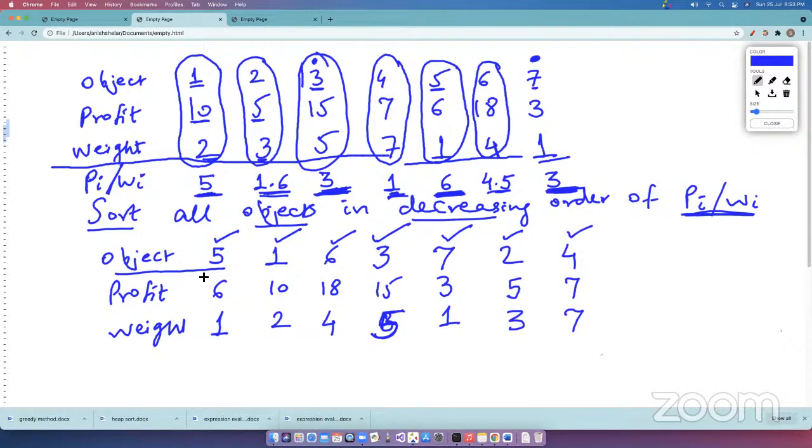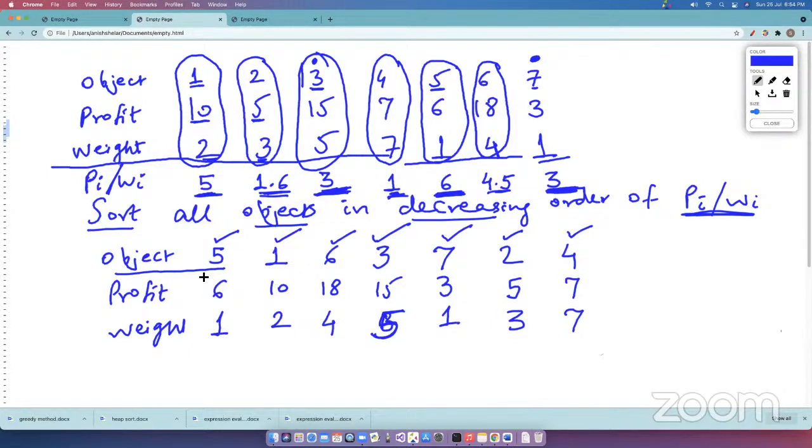So what you have greedily done is you have kept that object first on the table which has highest profit by weight. And the object which has very bad profit by weight has been kept last on the table. Now you are ready to fill your bag. The knapsack has capacity of 15, isn't it?